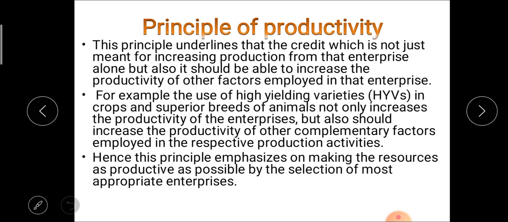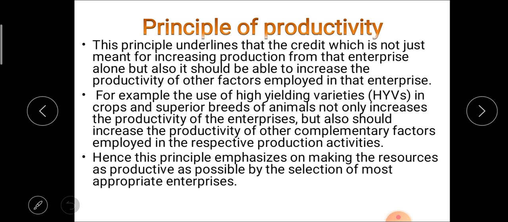Next, the third P, the principle of productivity. Whatever credit is used to produce income, in combination with other resources, increases the productivity of that loan.